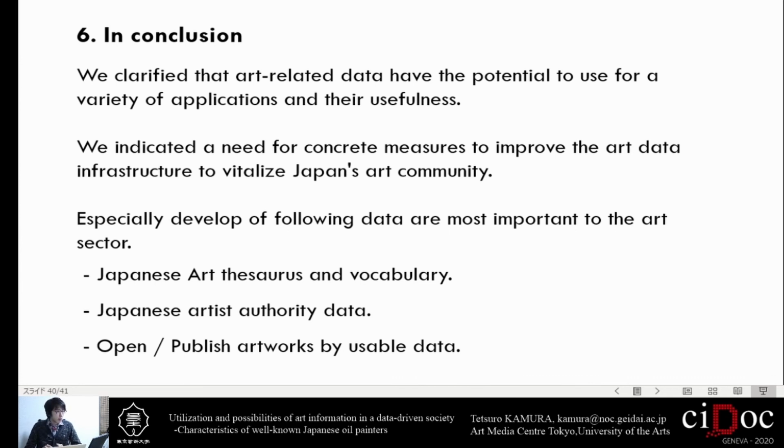Significantly, development of the following data is most important to the art sector: a Japanese art thesaurus or vocabulary, Japanese artist authority data, and open or published artworks as usable data.